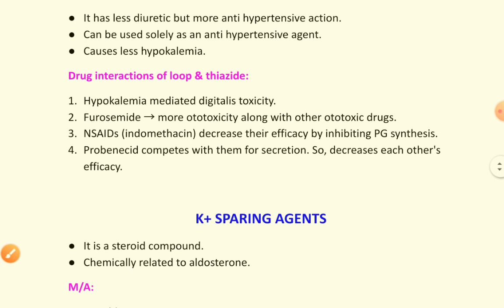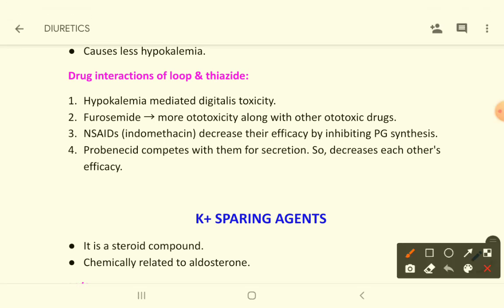Now drug interactions of loop and thiazide diuretics. Number one, hypokalemia-mediated digitalis toxicity. When we talk about digitalis, we will discuss this in detail, and why hypokalemia causes digitalis toxicity. Now furosemide has more ototoxicity along with other ototoxic drugs such as aminoglycosides, which are a group of antibiotics.